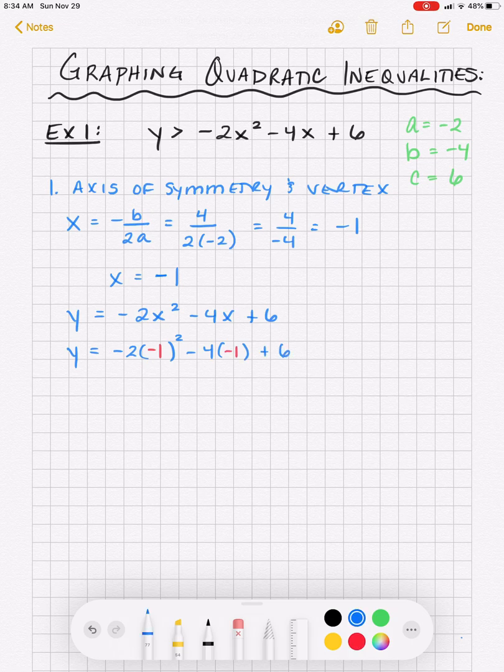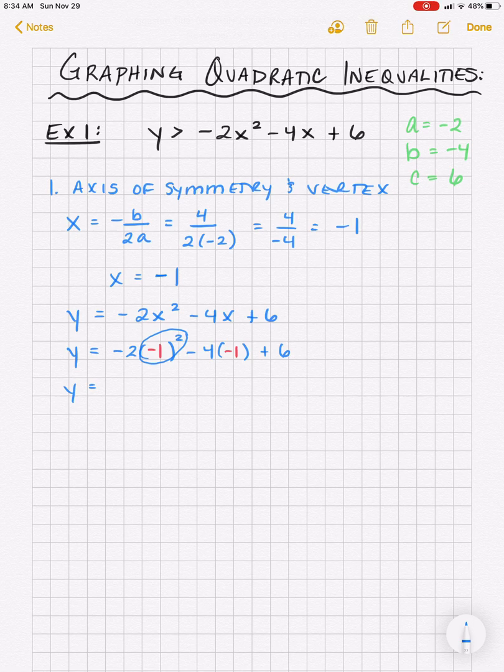Let's always be careful that we take negative 1 squared first, which is positive 1 times negative 2. Negative 4 times negative 1 is plus 4, and then plus 6. Negative 2 plus 4 is 2, plus 6, and finally we get that the y coordinate is 8. So all of that work told us that the vertex was negative 1, 8.